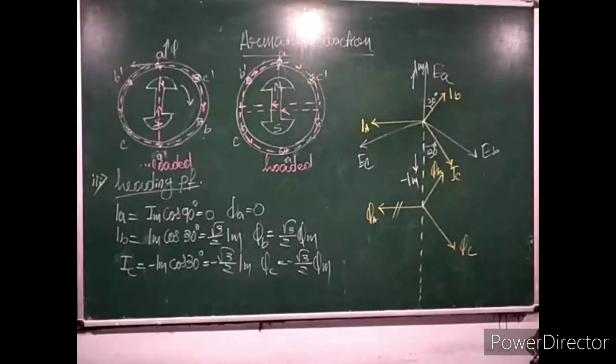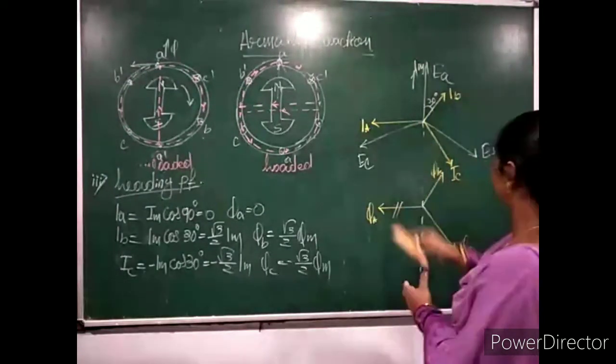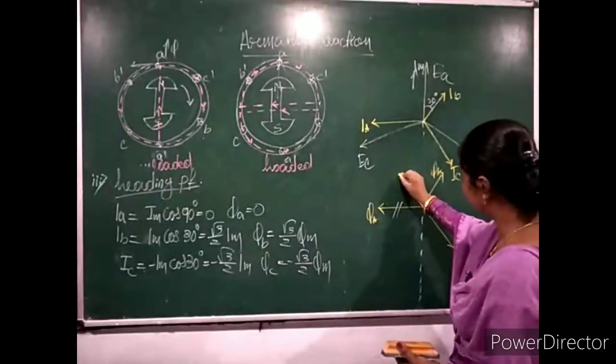Then phi C, it is negative, so I draw the opposite of this phasor phi C.